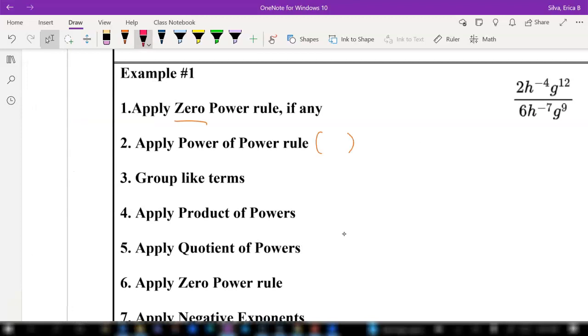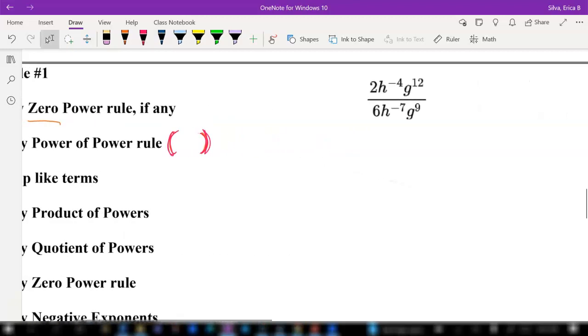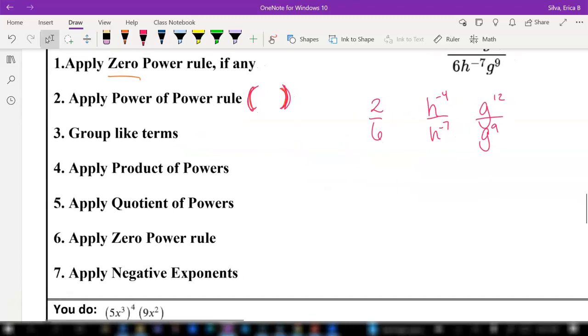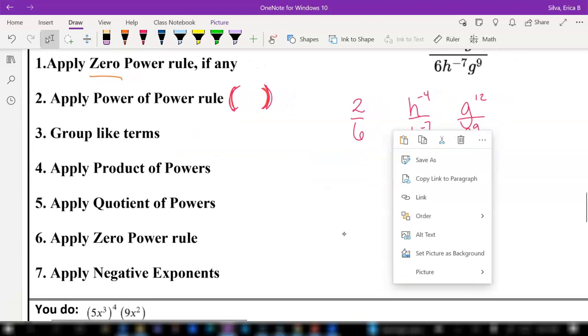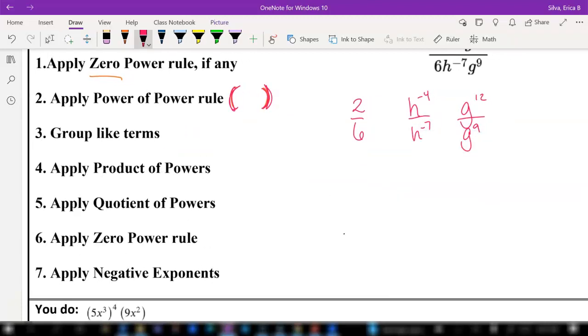Usually we want to look for parentheses when we have power of a power. Then we're going to group like terms. So we have 2 over 6, those are like terms, h to the negative 4th, h to the negative 2nd, g to the 12th, and g to the 9th. That's what I mean by grouping. We're going to apply the product rule. There is no product rule. That's when they're right next to each other.